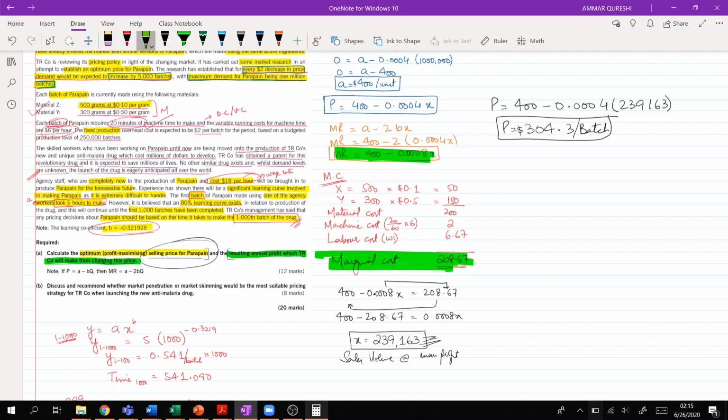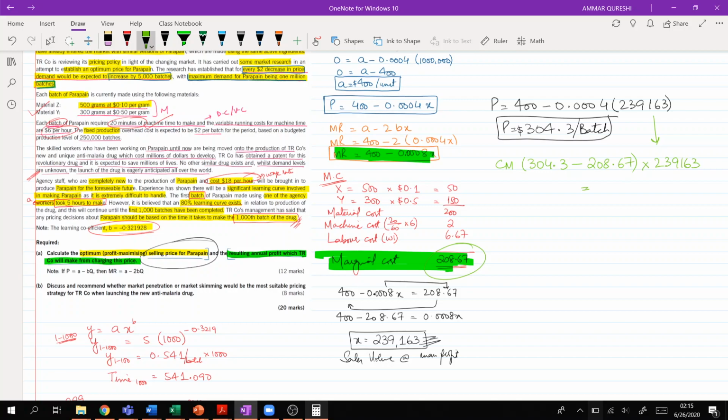So how can you calculate profit? Profit is contribution minus fixed cost. So contribution will be 304.3 minus variable cost 208.67, multiplied by the sales volume, right?